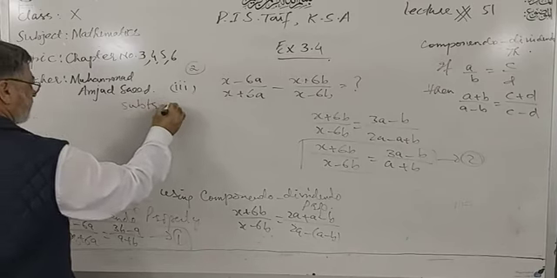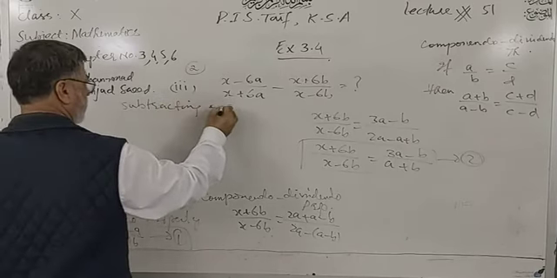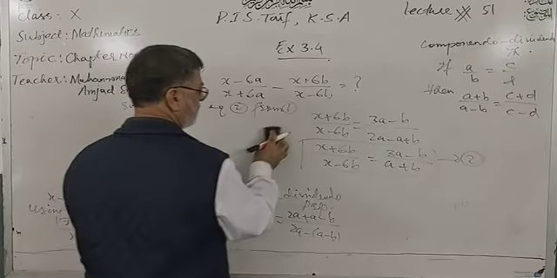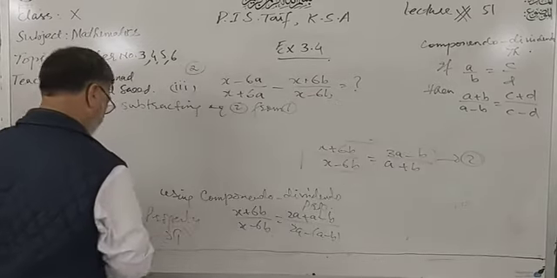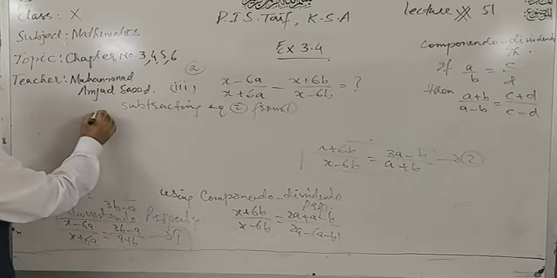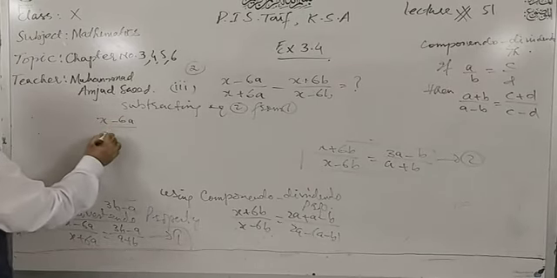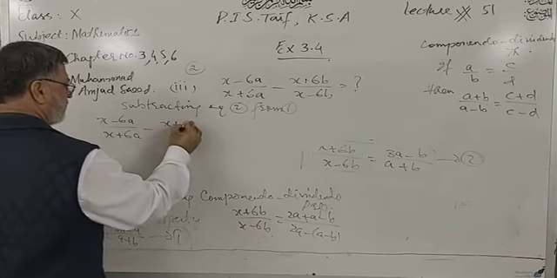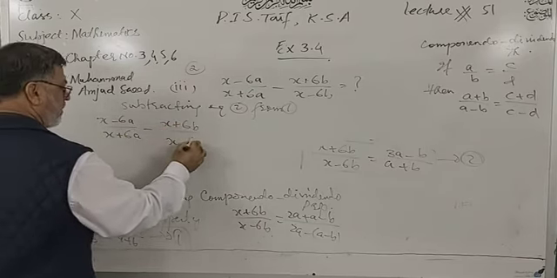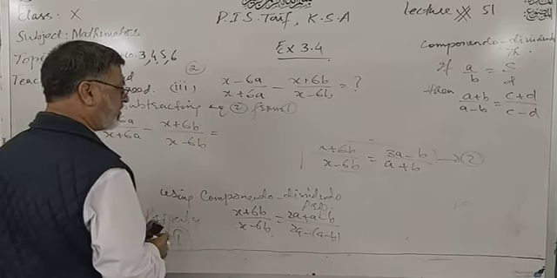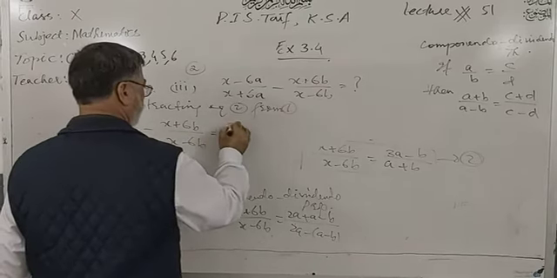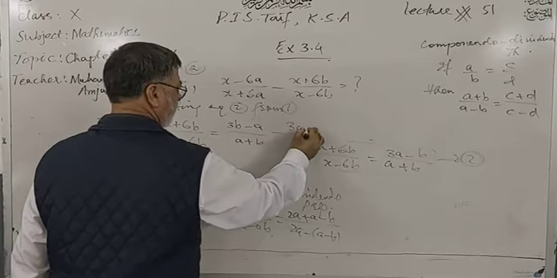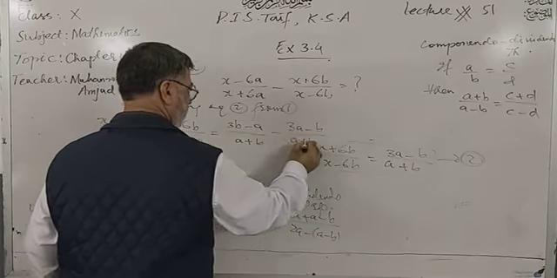Left minus left, over right minus right: 3b minus a over a plus b minus 3a minus b over a plus b.